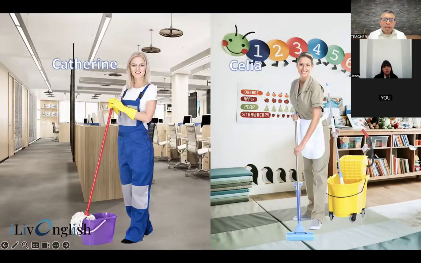Perfect. Now, let's practice the three of us. Jesse, one more time. What isn't Catherine and what isn't Celia? Catherine is not a cashier and Celia is not a cashier either.